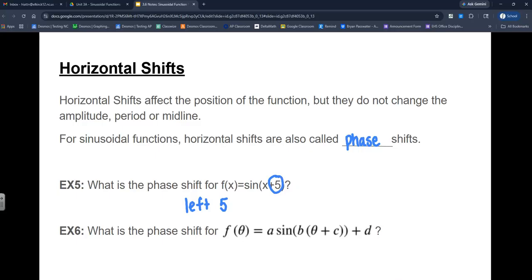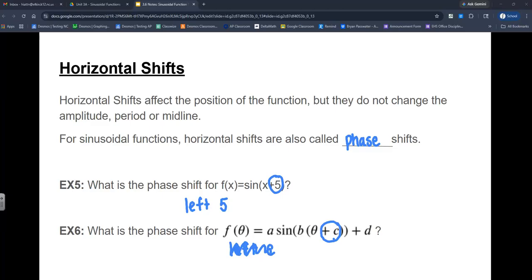Okay, so whenever we have a phase shift, we will be looking, so on this last question here, on this slide, what is the phase shift for f of theta equals a sine of b theta plus c, plus d? We can see the plus c is what does the phase shift here.